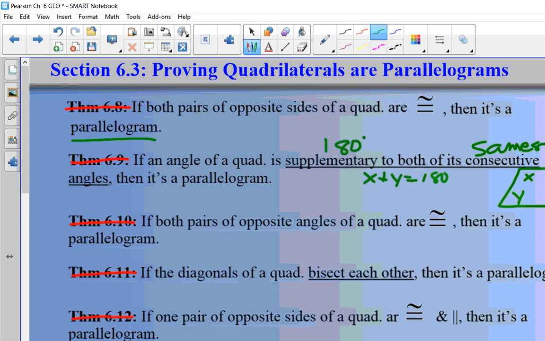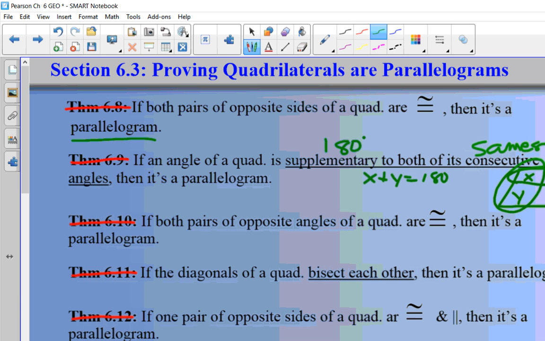So I could go supplementary angles this way, or that way because of my rules of parallelograms. Now that one though, you have to be able to prove that they're going to be supplementary with the angle X.